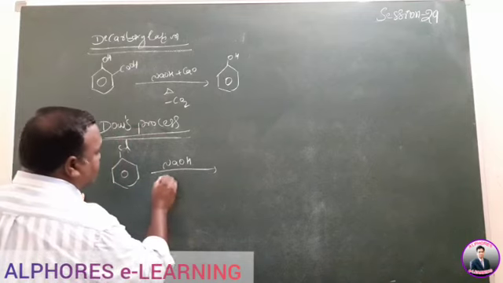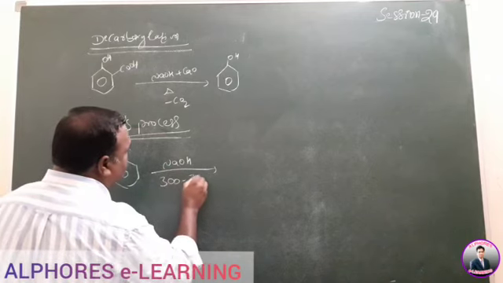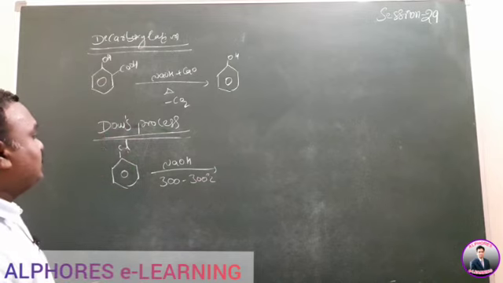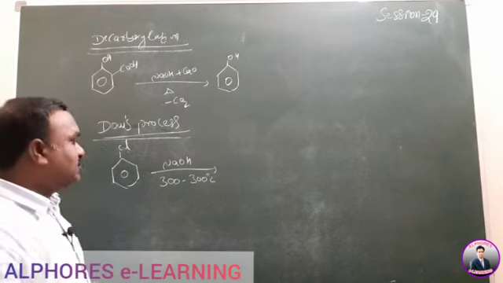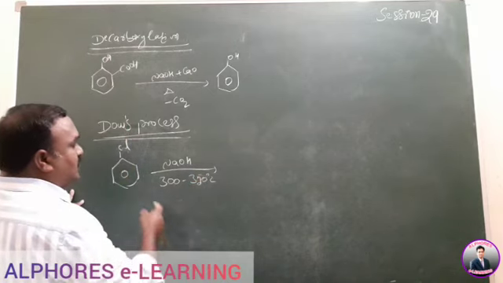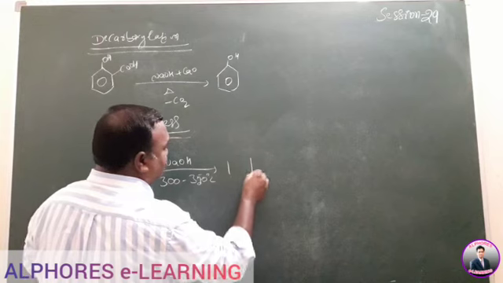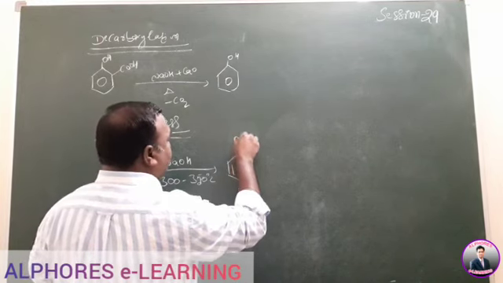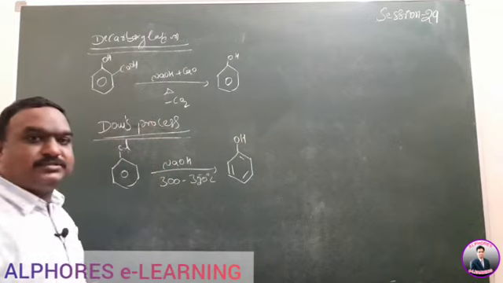Now, if you apply a temperature of 300 to 350 degrees centigrade, the chlorine is replaced by OH, an aromatic nucleophilic substitution reaction.